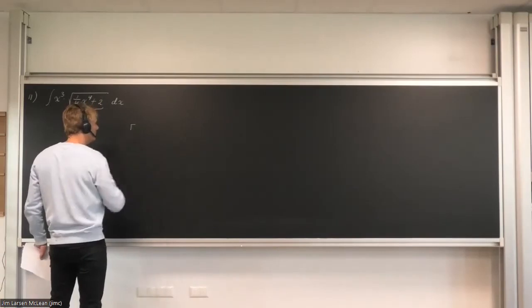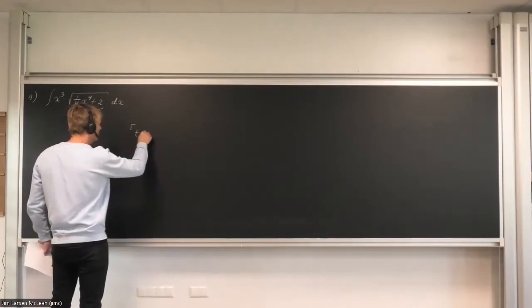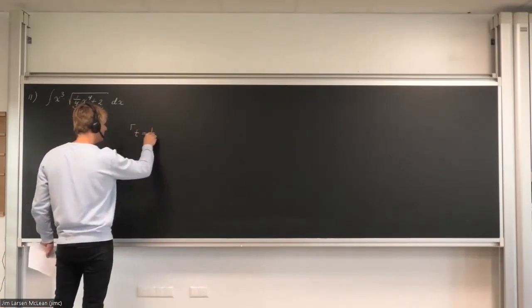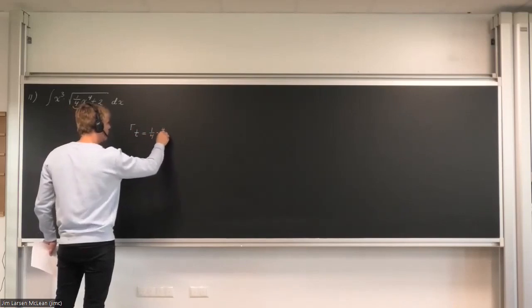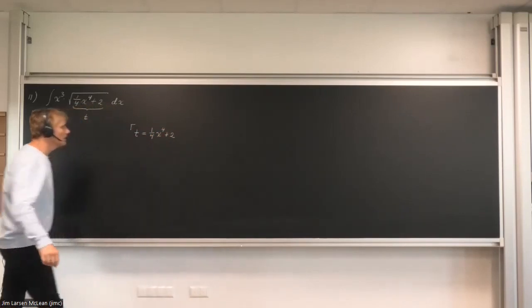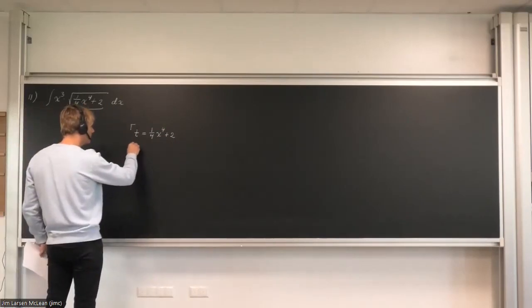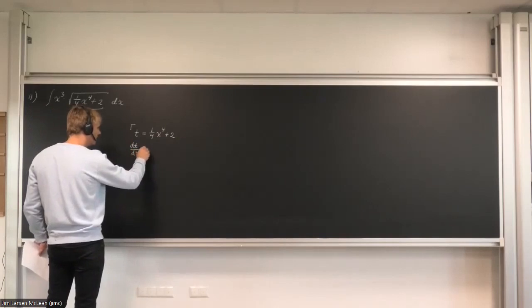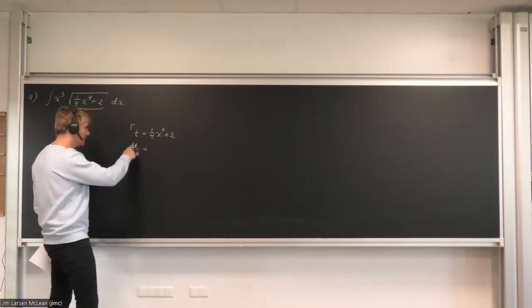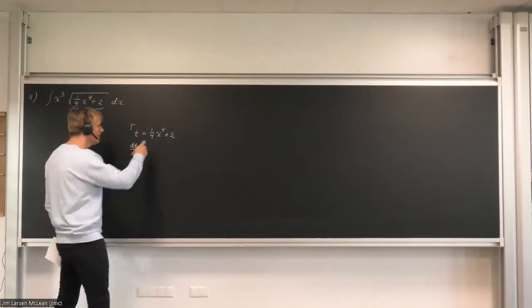So we can create a thought bubble here where we say, I'll set t equal to 1 quarter x to the fourth plus 2. And what you do inside the thought bubble is you differentiate t with respect to x to see what you get first. And we write it like this: dt/dx means I'm differentiating t with respect to x, and t is this.